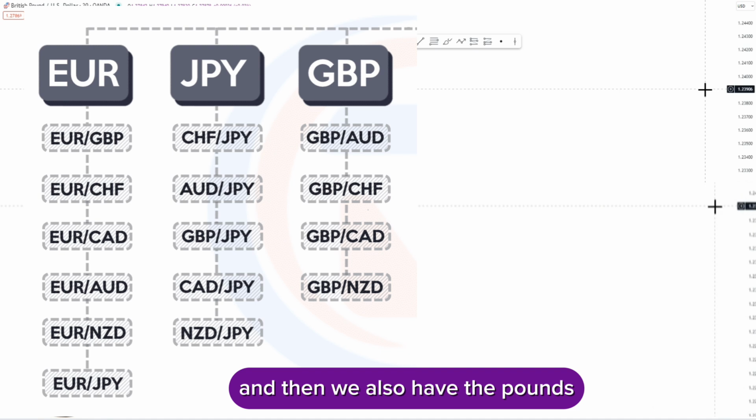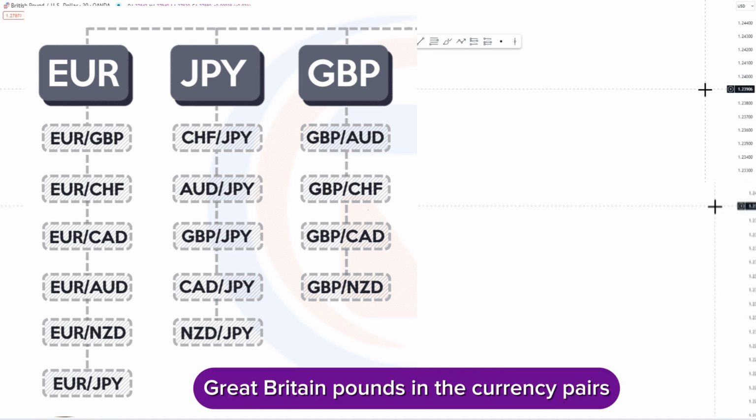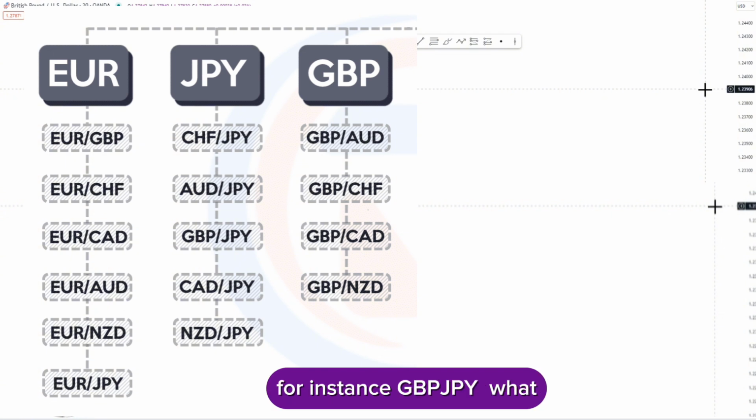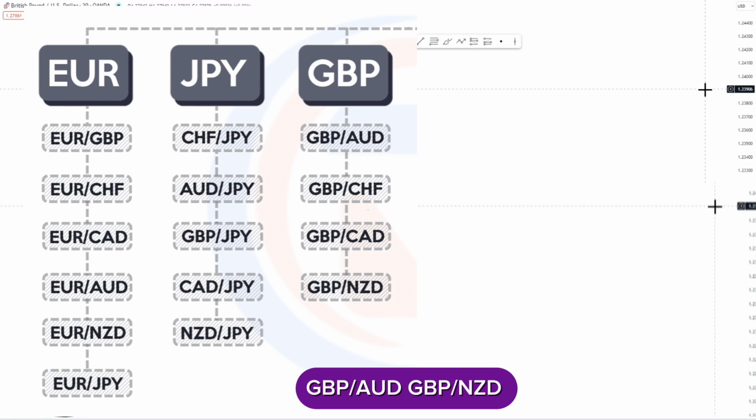And then we also have the Pound cross that have pounds, Great Britain pounds in the currency pair. For instance, GBP JPY, that's one of my favorite pairs. GBP AUD, GBP New Zealand dollars, and so on and so forth.